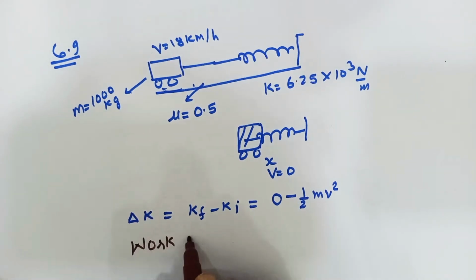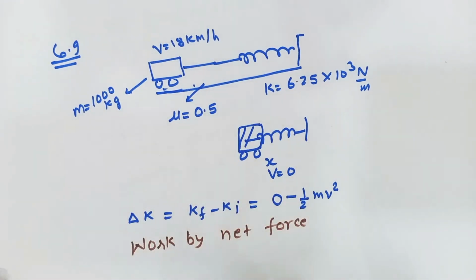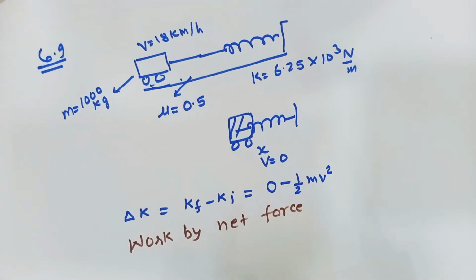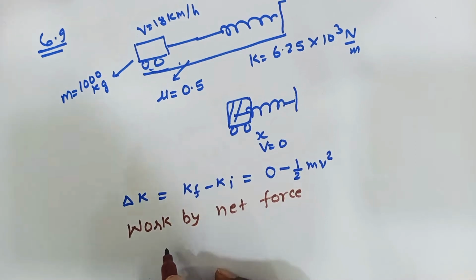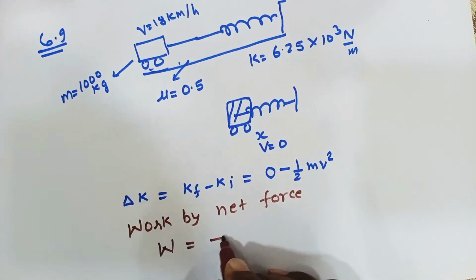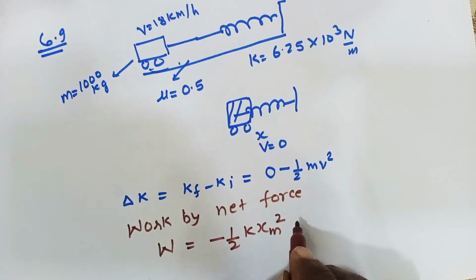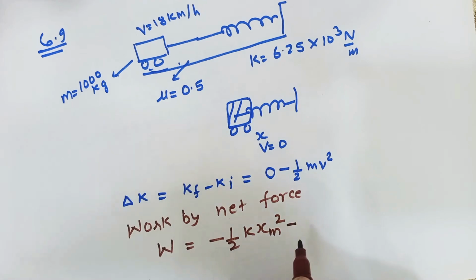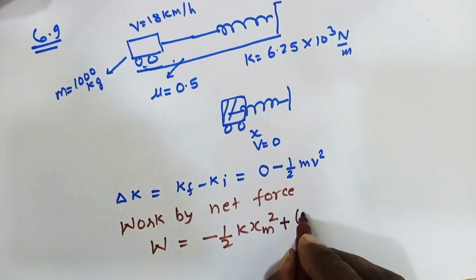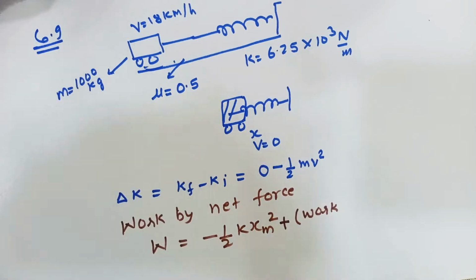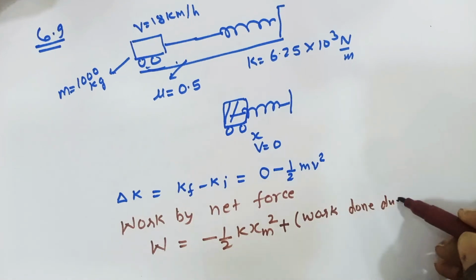The work done by the net force in this case is the work done against the spring force, 1 by 2 k x square, minus the work done against friction, that is the work done due to friction.